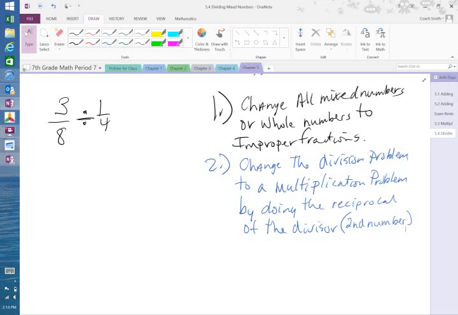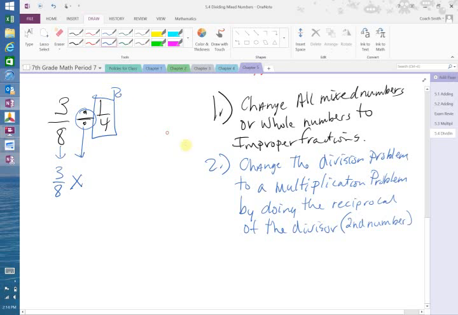So, step 2 is I'm going to change this problem. 3/8 stays the same. I change that to multiplication. I do the reciprocal of 1/4. What is the reciprocal of 1/4? 4/1. This is step 2.